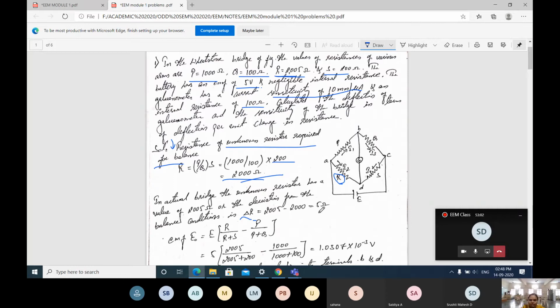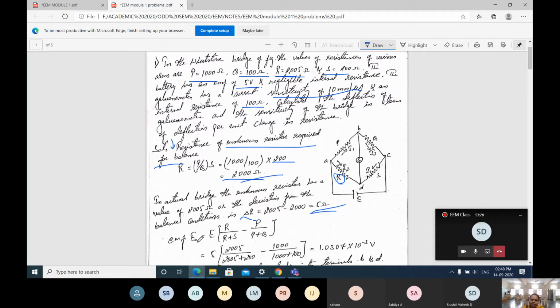What is the difference we get? That is 5 ohms. Understood why we calculated R only? Even though they gave it, it's not the actual value; they just gave it by assuming. We have to calculate the R value from the balanced equation, then take delta R. The difference you get is your delta R.